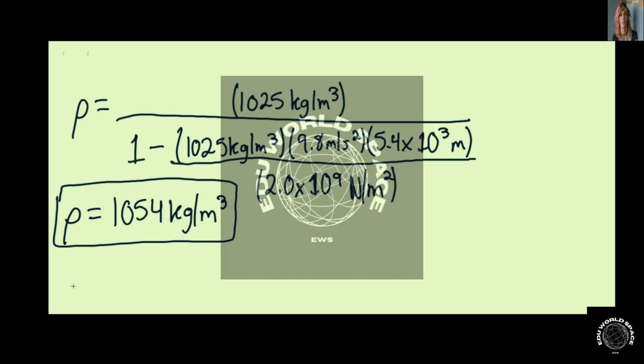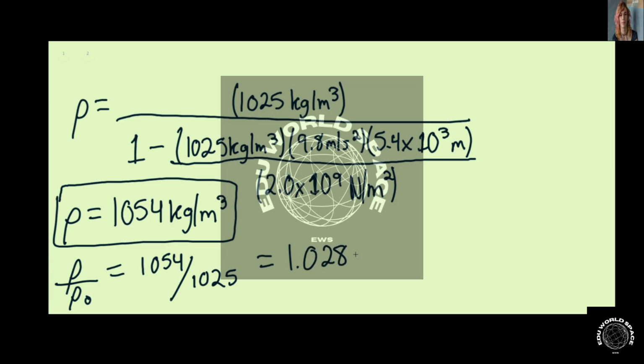We want to find the ratio. So the density divided by the density at the surface would be equal to 1054 divided by 1025, and this is equaling 1.028. Therefore, it's going to be 2.8% more dense.